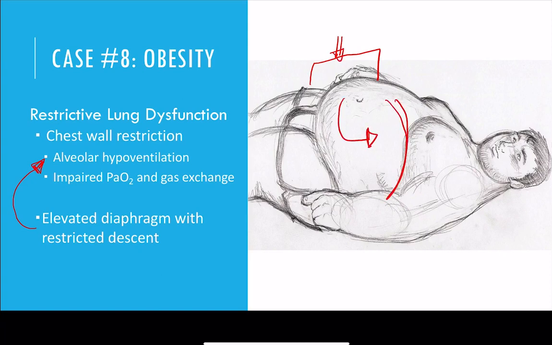If his diaphragm is in here and it needs to go down, this is a lot of resistance to that muscular action. So the diaphragm is using so much force just to try to overcome the resistance of the weight of the abdominal fat mass that you do not get as much actual movement of the rib cage, which contributes to the impairment in ventilation.